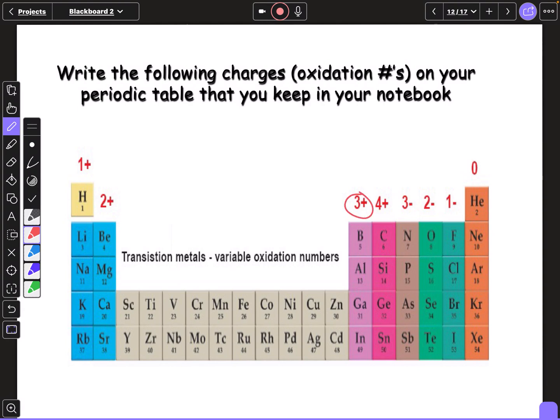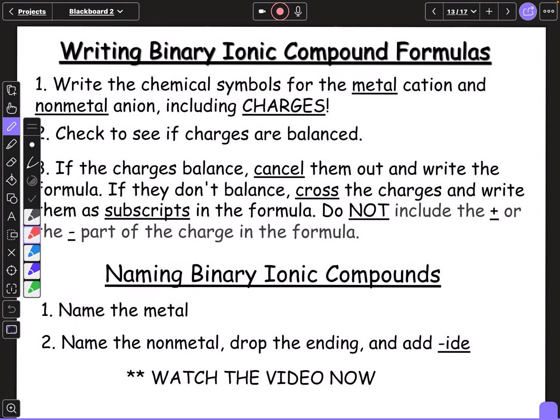So if you hear me say oxidation number, I'm referring to the charge that the ion has. Then you check to see if the charges are balanced. If the charges are balanced, cancel them out and write the formula. If they don't balance, cross the charges and write them as subscripts in the formula. Do not include the positive or the negative part of the charge in the formula. We're going to work some examples in just a minute, and that'll make sense.